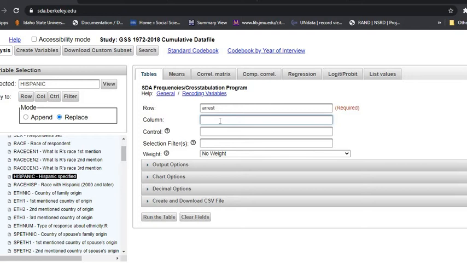You could do marital status. Are you single? Are you married? Are you divorced? Separated, widowed? That kind of thing. Another one that's also not too complicated, I think you could handle, would be religion. That's relig, R-E-L-I-G. You could do that one if you're interested in it.